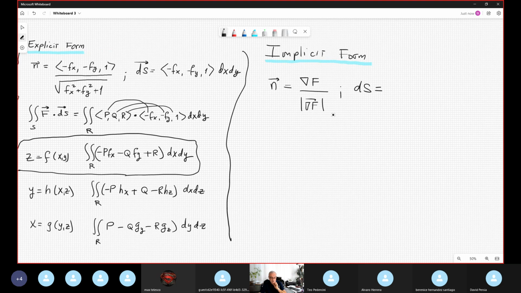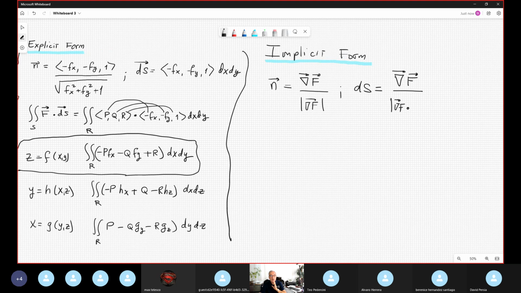dS is a gradient in 3 dimensions. This is a vector, right? Divided by the magnitude of this, but multiplied by any unit vector, any orthonormal unit vector.